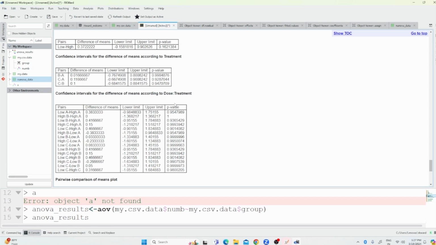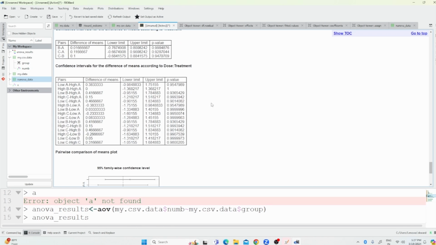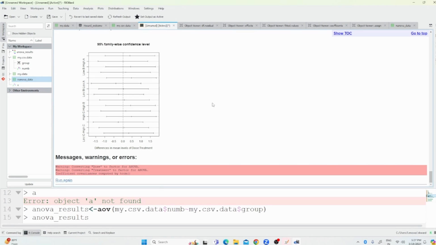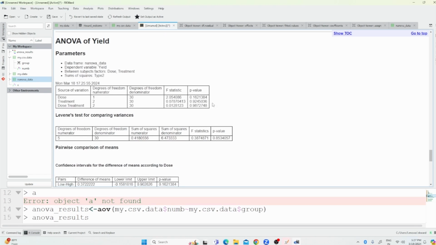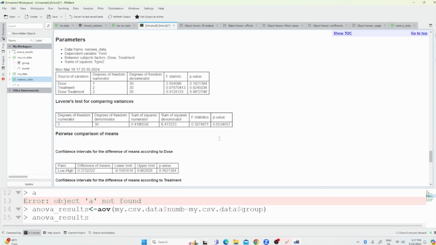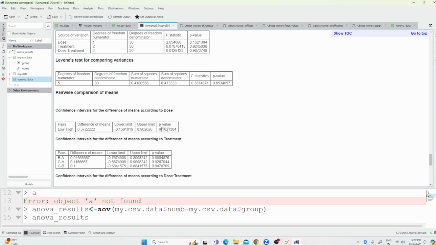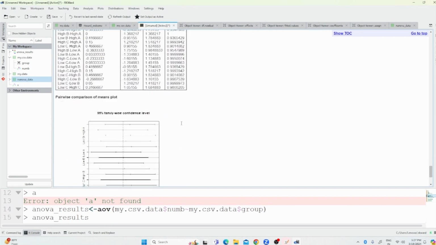Now, the testing is going on here in n-way ANOVA. Ultimately, you can see this is what we have to figure out, this p value. So, the p value is saying 0.16. What it means is, at 95% confidence, we cannot say they are different, and that is what is happening.